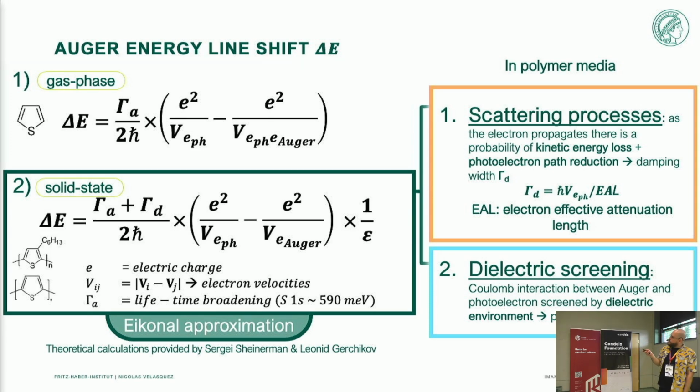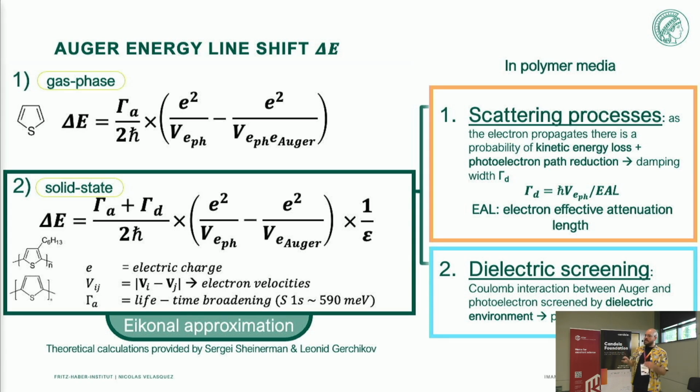And both of these will tend to an amplification of the PCI effect because they are stealing energy from the photoelectron and giving it to the Auger electron. And we account for these scattering processes by incorporating this parameter gamma d, the damping width, to this term here next to the lifetime broadening. And this gamma d is the photoelectron velocity normalized by the electron effective attenuation length.